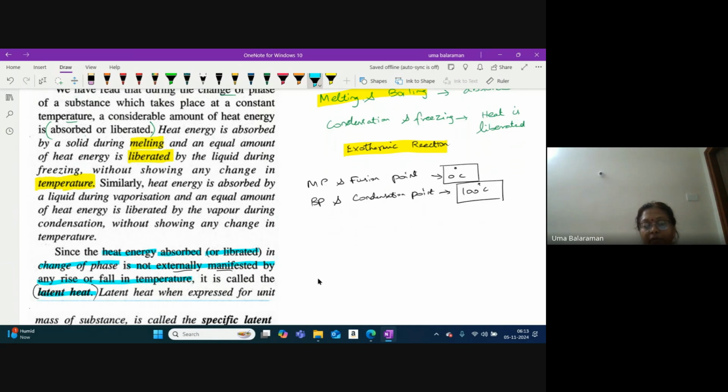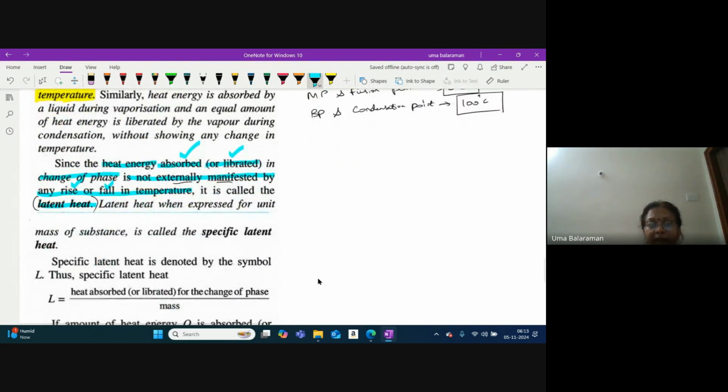So don't write only one, write both absorbed or liberated, rise or fall in temperature. Latent heat, when it is expressed per unit mass, is called specific latent heat.